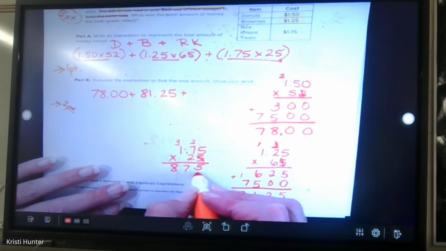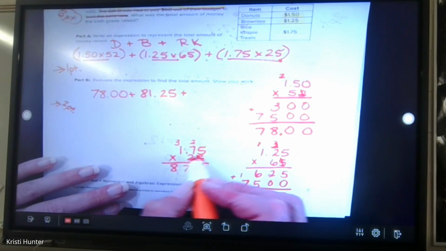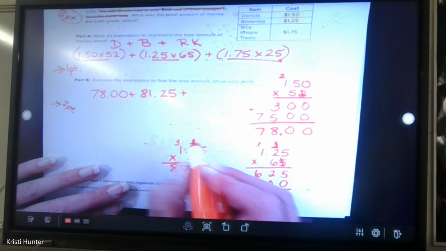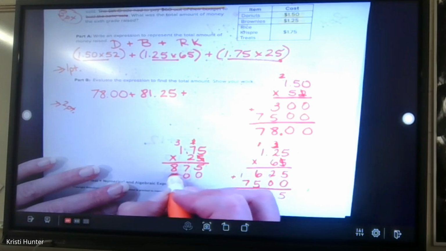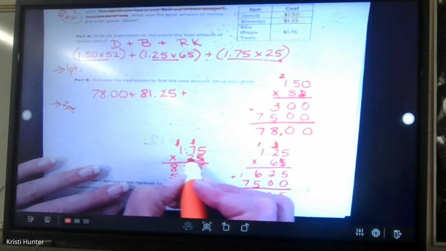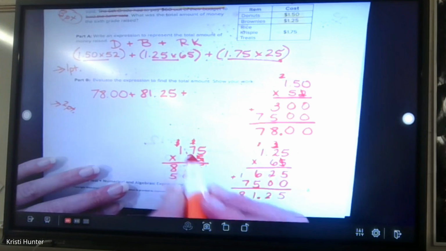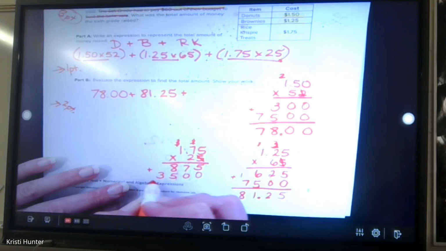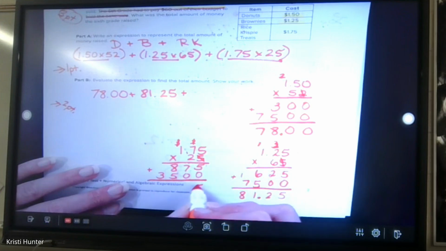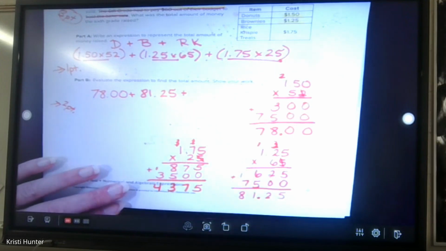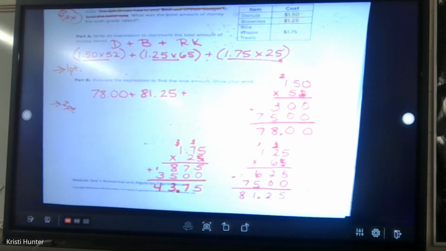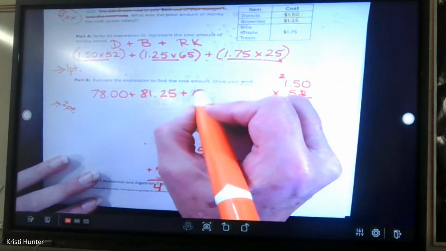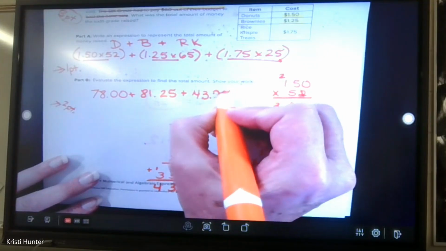Done with the 5, so hold its place. 2 times 5 is 10, carry the 1. 2 times 7 is 14, plus 1 makes 15. 2 times 1 is 2, plus 1 is 3. All right, add all these up. And then again, 2 decimal places. So I replace this with $43.75.